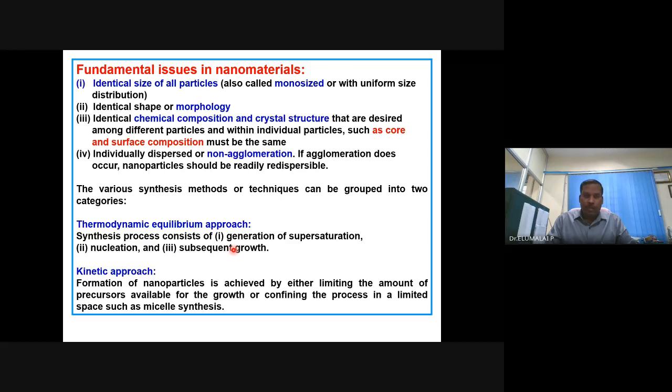Whether gold can be synthesized or not, thermodynamics can predict. Whereas the kinetic approach talks about how quick or how slow you can get the gold precipitate using any method. So the take-home point from this slide is that thermodynamics talks about spontaneity, whether the process will take place or not. Kinetics talks about the rate of the reaction, the speed or velocity of the synthetic process, how quick or how slow you can get some nanostructures.